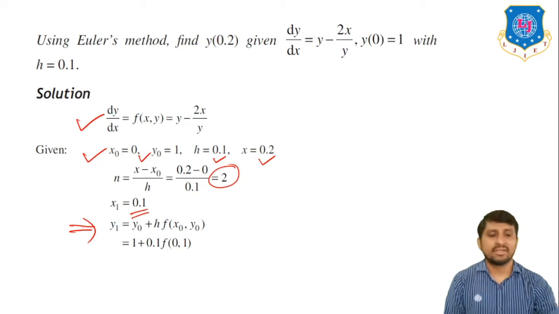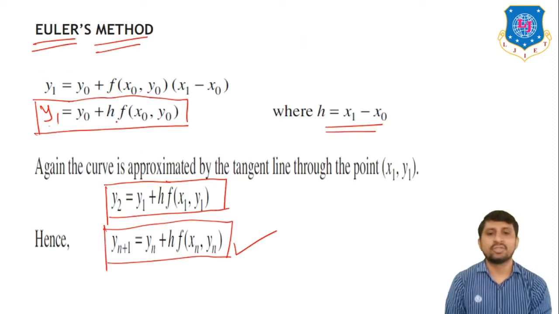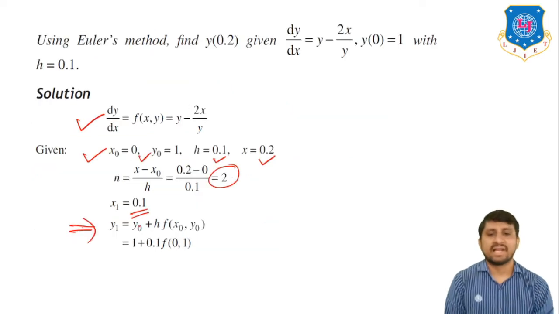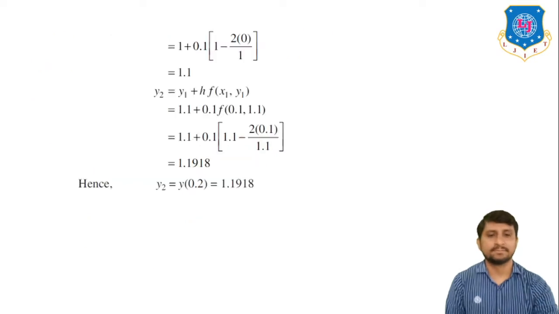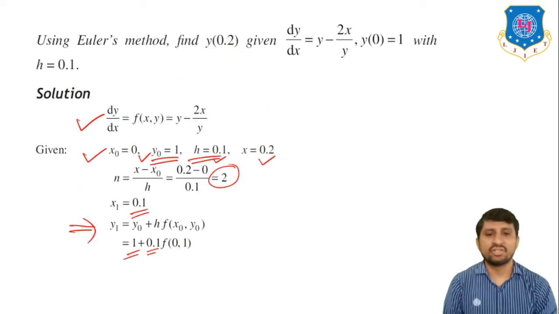Now what is your y1? This is the formula: y1 is y0 plus h f of x0, y0. y0 is 1, h is 0.1. So 1 plus 0.1 times f of 0, 1. What is your function?